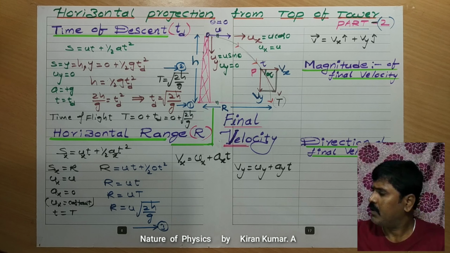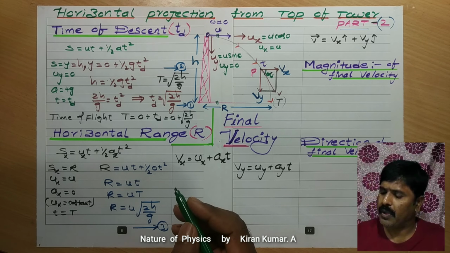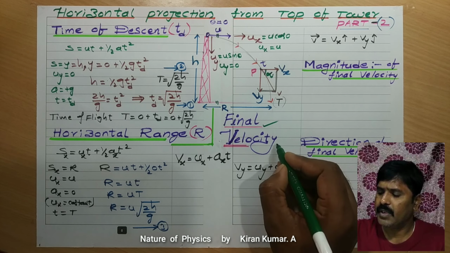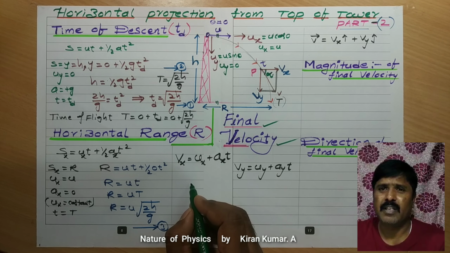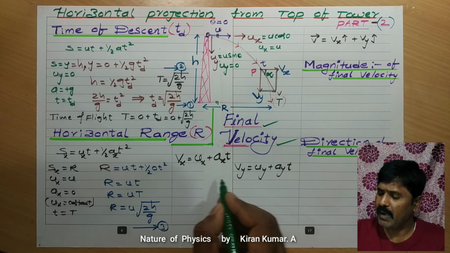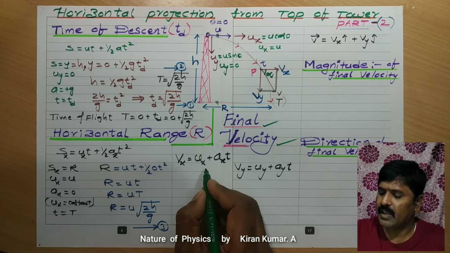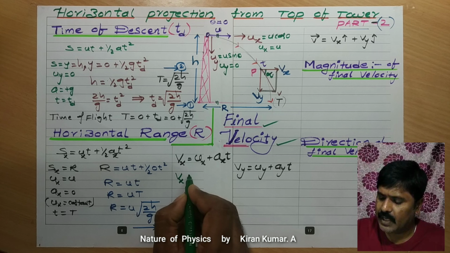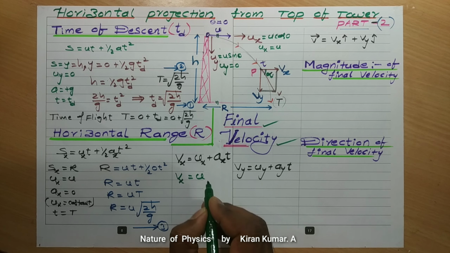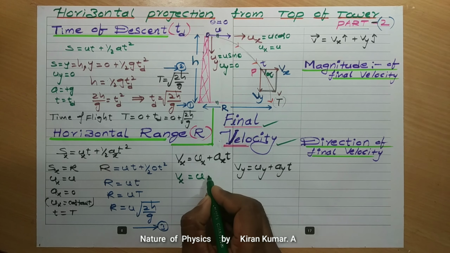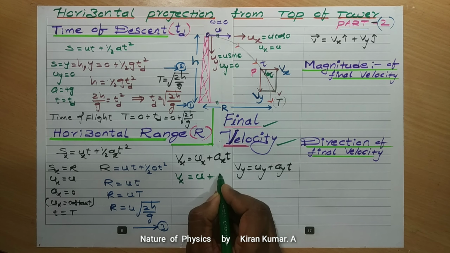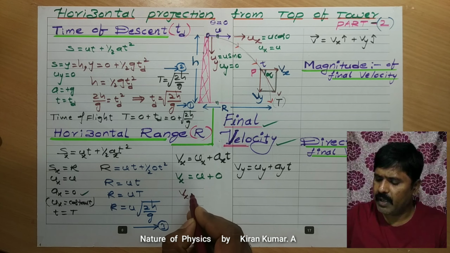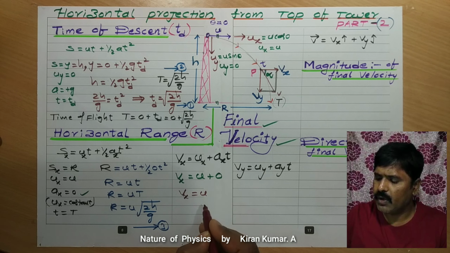And continuing the derivation, next I am going to find vx and vy that represent the final velocity, student. For the final velocity, the basic equation is v is equal to u plus at, so vx is equal to ux plus ax t, student. Okay, vx is equal to ux is equal to u, given clearly, and ax is equal to 0, student. 0 into anything is 0, clearly proof also given. Finally we got vx is equal to u, student.